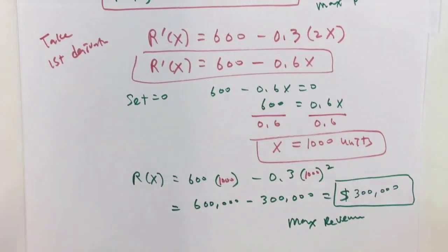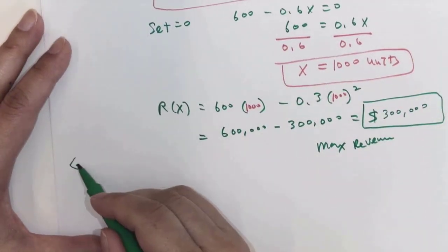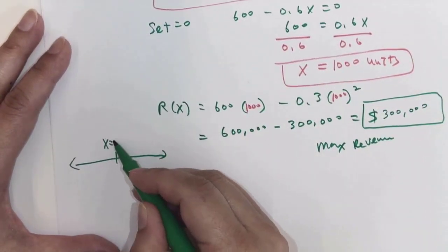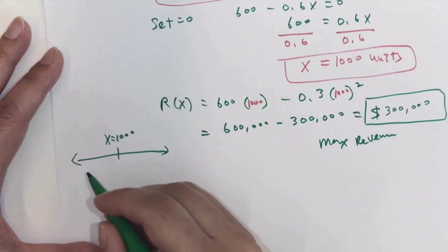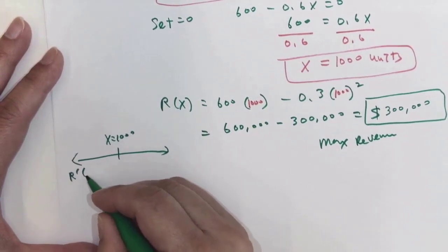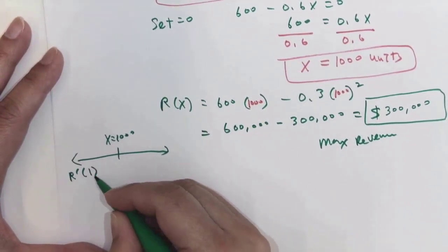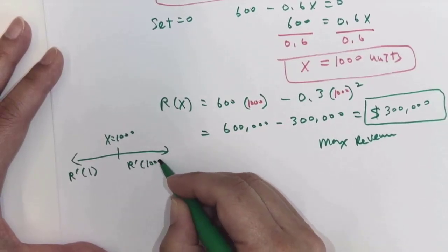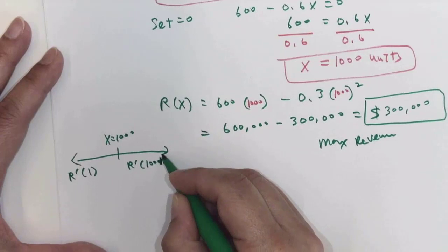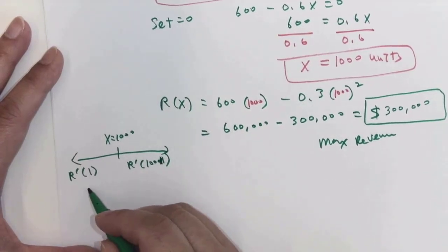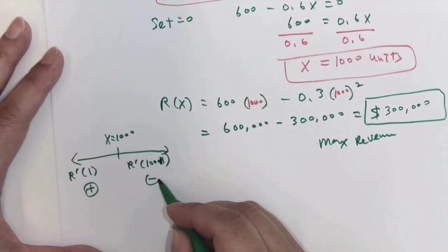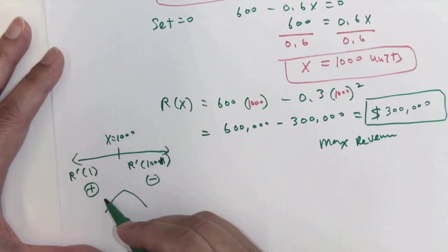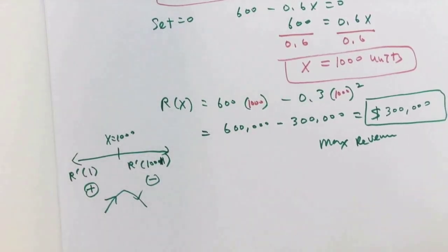You could plug it into the table to make sure. If this is x equals 1000 and you try R prime of 1 on this side and R prime of 1001, you should get a positive number here and a negative number here, because the graph is going to go like this, which we know because it's a negative x squared function, right?